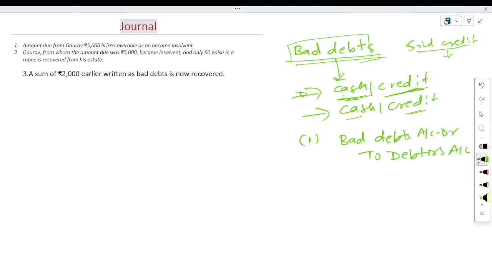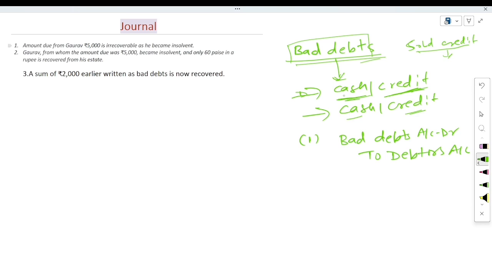Now come to another situation where a part of the dues amount you will recover and a part of the dues amount you will not be able to recover. At that time, what journal entry will you pass?